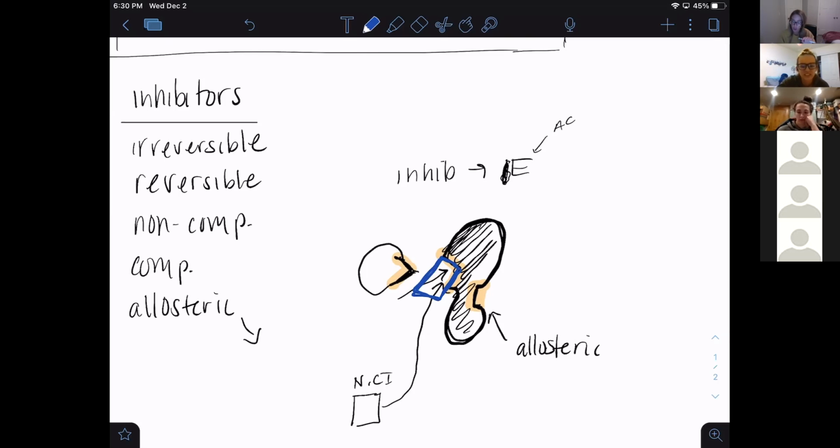Right. So a non-competitive inhibitor will still bind, but you're not going to have that enzyme substrate complex formation, okay? Because it just doesn't fit. Competitive inhibition is actively searching and binding to an enzyme, okay?